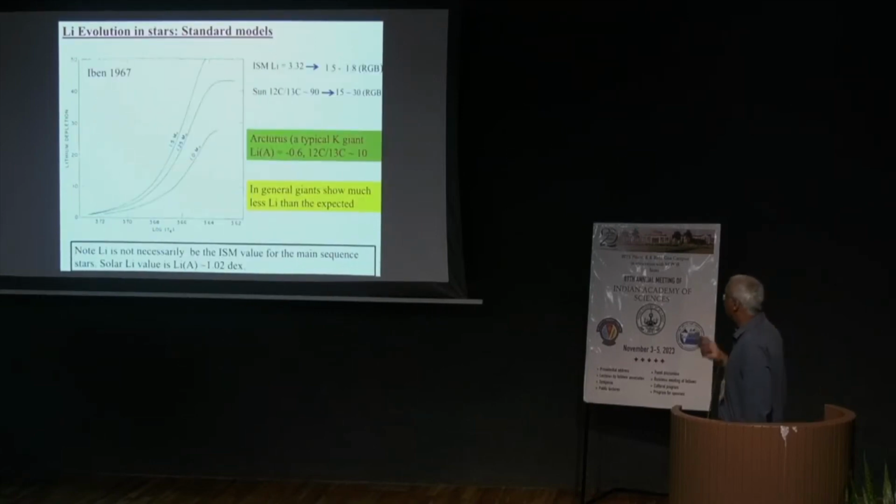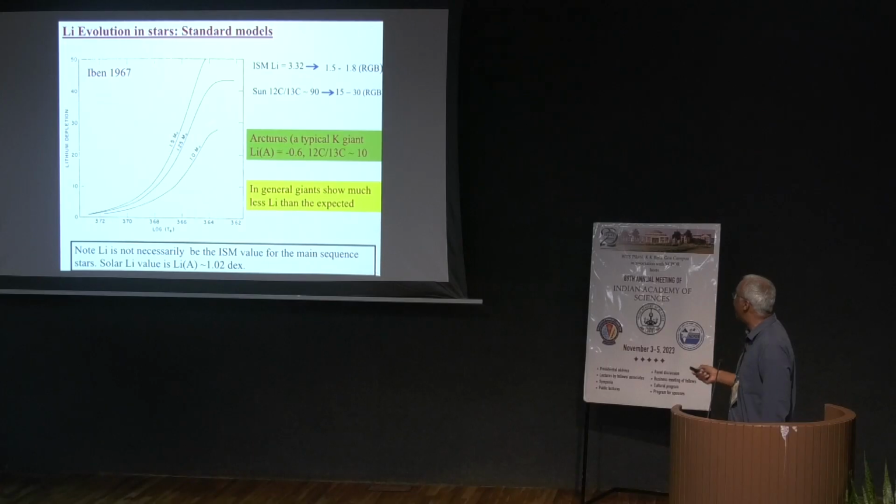So what the standard models say, even the current state of the art models, is that if you assume the main sequence stars have something like the ISM value, then once you go to the red giant branch, you get 30 to 60 times less lithium.